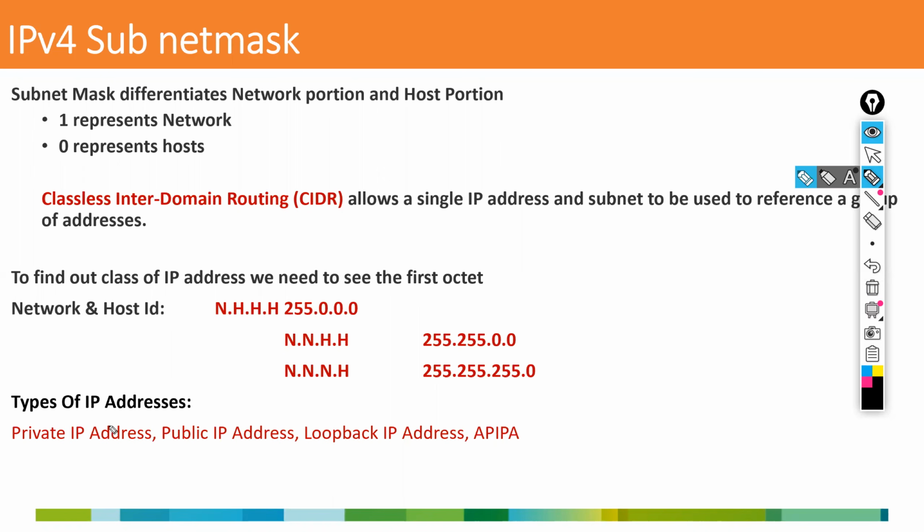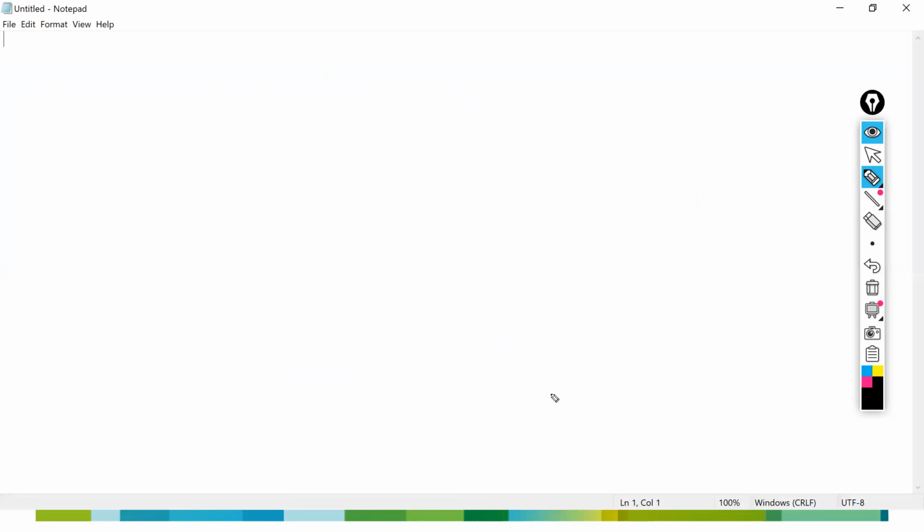Now we have different types of IP addresses: private IP address, public IP address, loopback IP address, and APIPA. So what exactly are these addresses? We have classes A, B, and C. In class A, starting from 10.0.0.0 to 10.255.255.255.